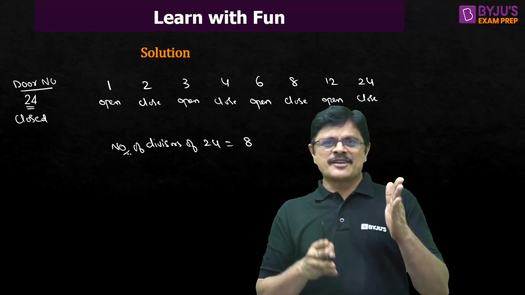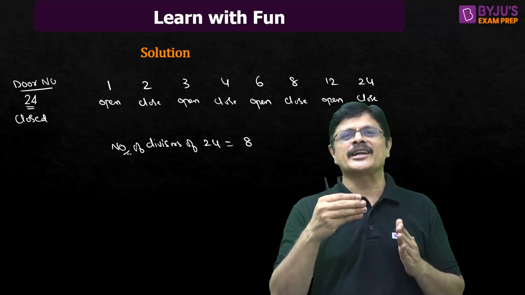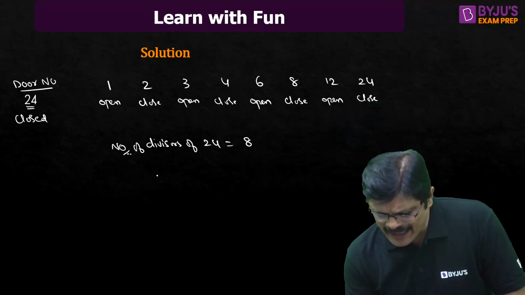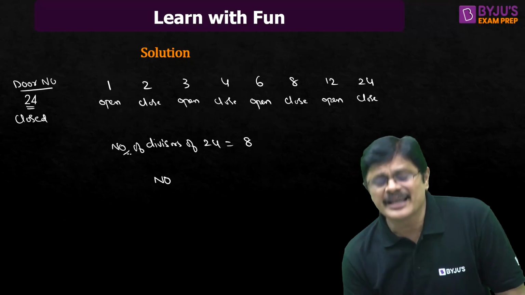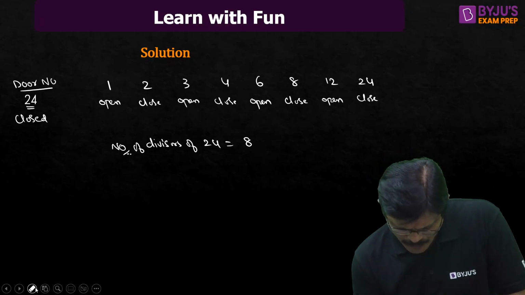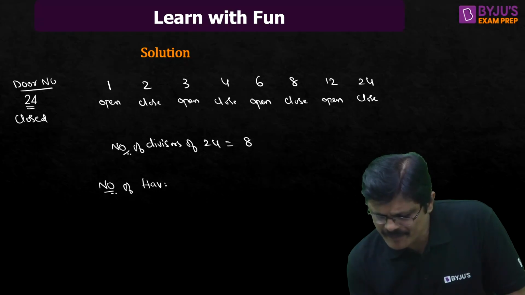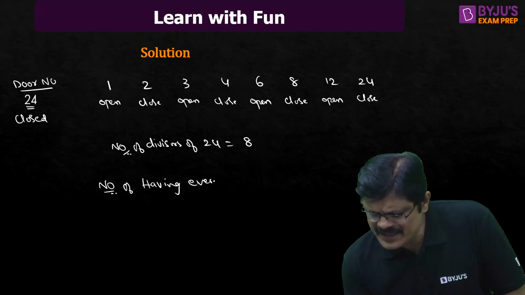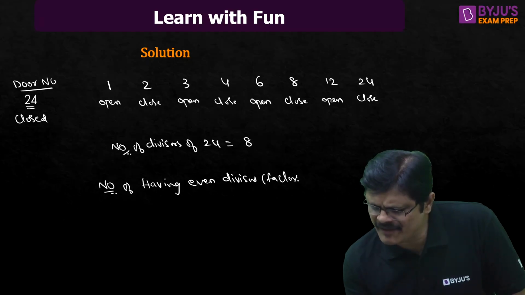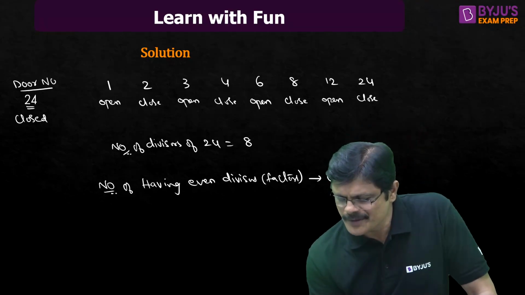Because the first factor will open, the second factor will close it. The third factor opens, the fourth factor closes it. The fifth factor will open, the sixth factor will close it. So if a number has even divisors or factors, it is ultimately closed.